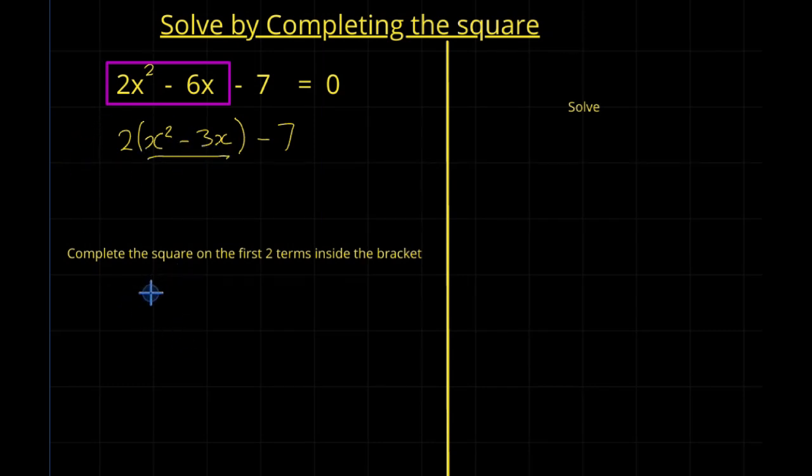So just for those two terms, it's x minus 1.5 all squared, because half of 3 is 1.5. We need to take away 2.25 because 1.5 squared is 2.25. So we take away that 2.25, and we mustn't forget the minus 7 or the multiplier of 2.